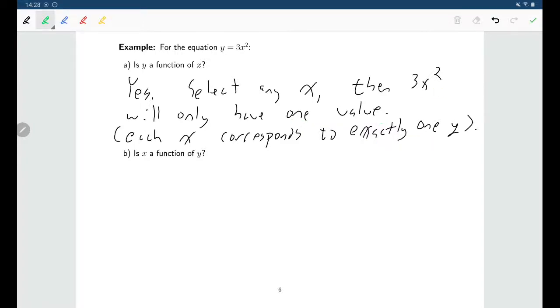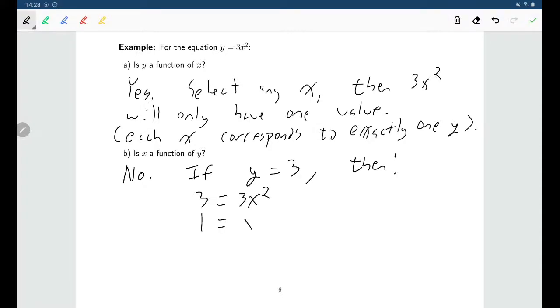And that means that yes, y is a function of x. Now, on the other hand, if you wanted to switch it around and ask, is x a function of y, the answer for that is no. And so, for example, if you were to select a y value of 3, then this would mean that 3 should be equal to 3x squared, or in other words, 1 would be equal to x squared, which means that x is either the positive or the negative root of 1.